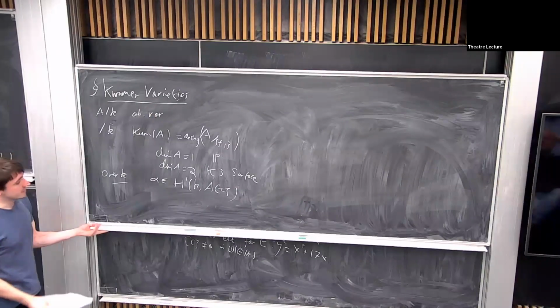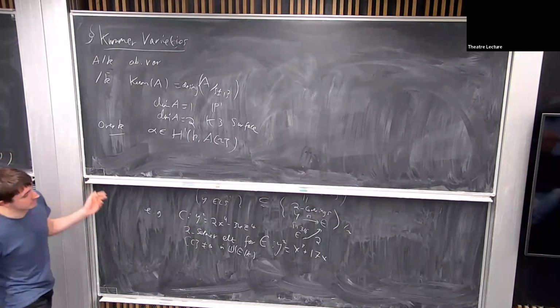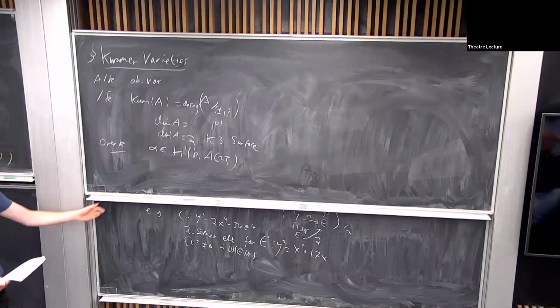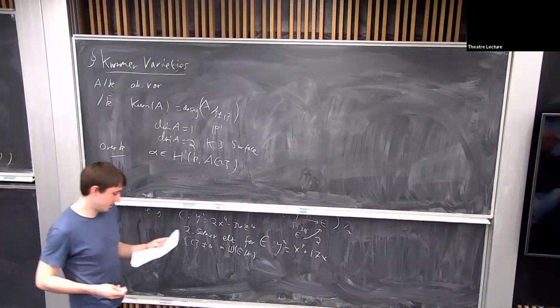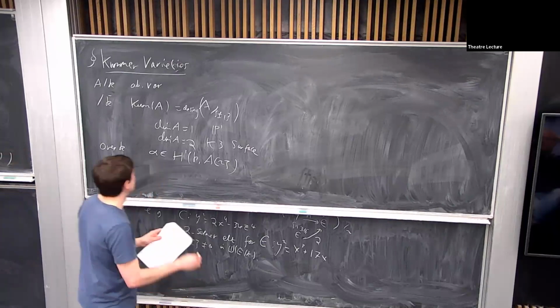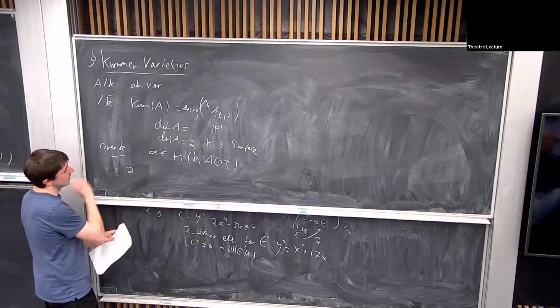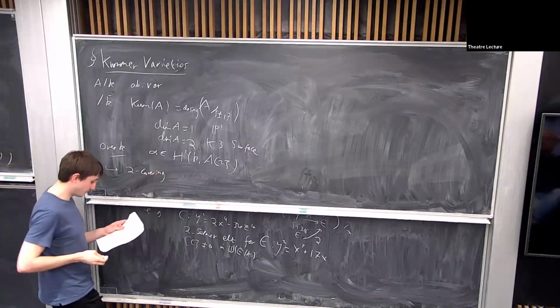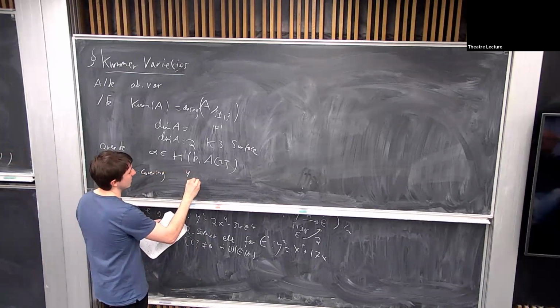Associated to this, just as in the case of elliptic curves, corresponding to alpha you have a 2-covering of the abelian variety, Y alpha.